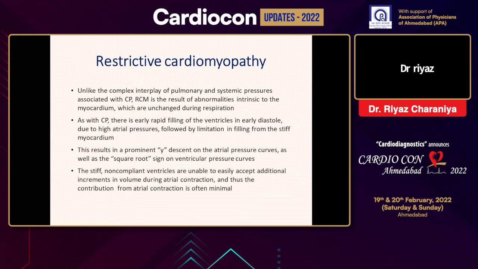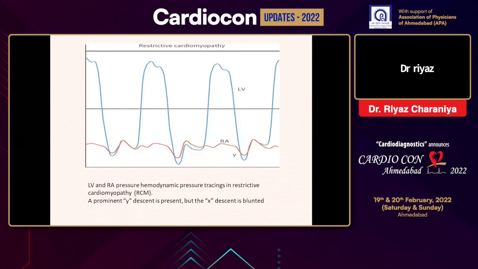This results in a prominent Y descent on atrial pressure curves as well as the square root sign. The stiff, non-compliant ventricles are unable to easily accept the additional increment in volume during atrial contraction, and thus the contribution from atrial contraction is very minimal.